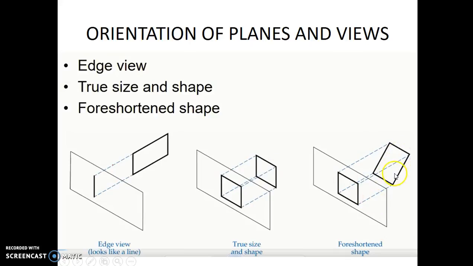If the plane is kept inclined to the projection plane, the view obtained in the projection plane will be a foreshortened view, or a view whose dimensions are lesser than the true shape of the object. This we call the foreshortened shape. This is called the true shape, and this is called the edge view.